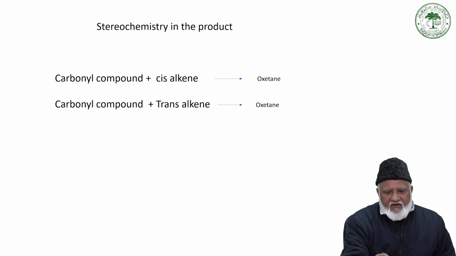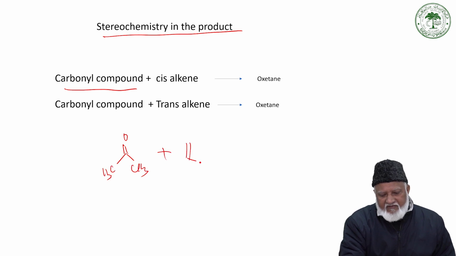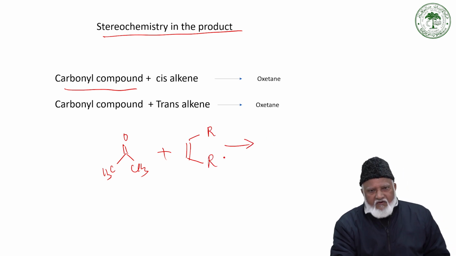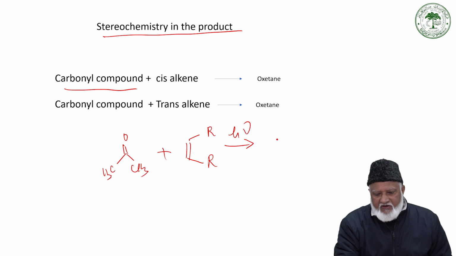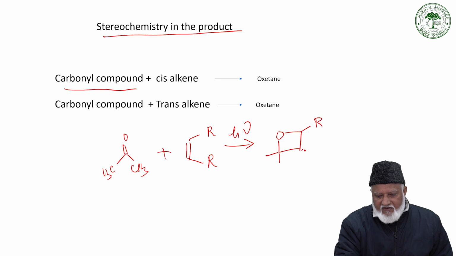Say for example, we have a carbonyl, say with CH3, and we have a cis alkene, say with R and R. Under photolytic conditions this has been reported to give the oxetane product.